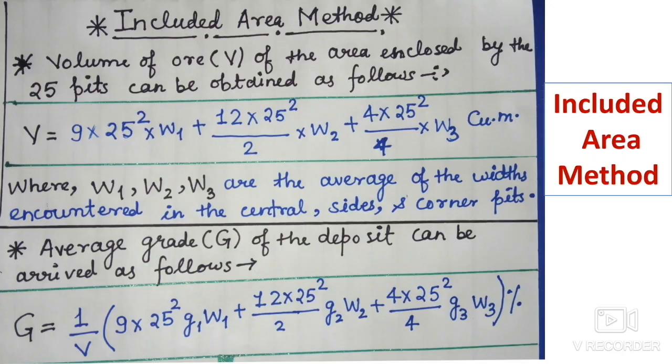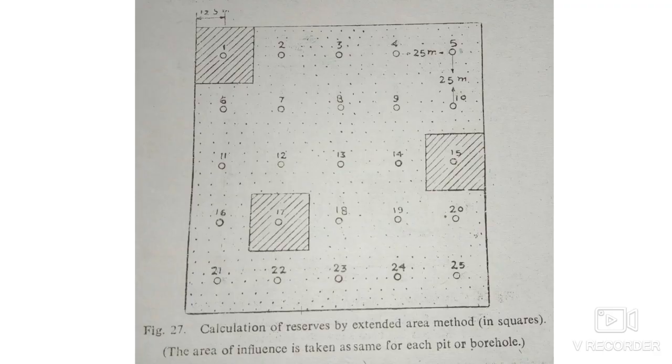And the next one is the extended area method. In the extended area method, all the blocks have equal areas of influence. In the example shown in figure 27, you can see the calculation of reserve by the extended area method.